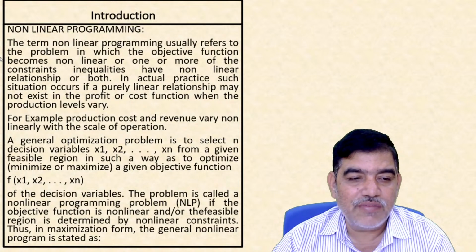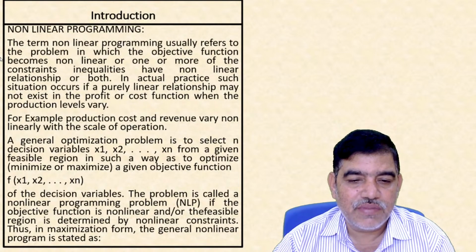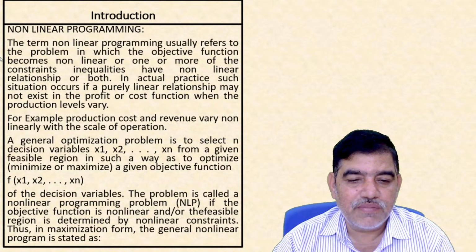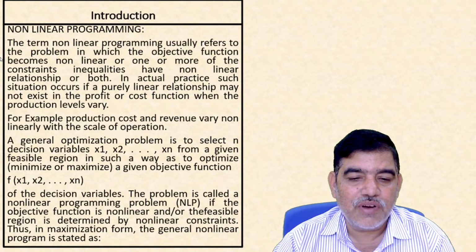Maximize the profit and minimize the cost. A given objective function f of x1, x2 up to xn of the decision variables. The problem is called a nonlinear programming problem. In short, it is written as NLP. NLP means actually non-linear programming.